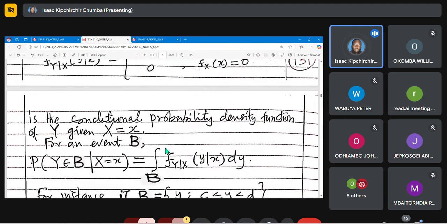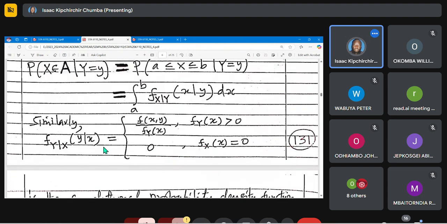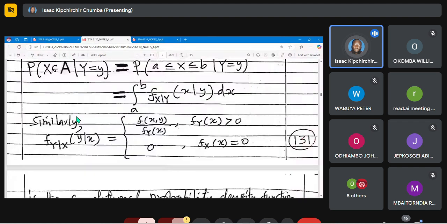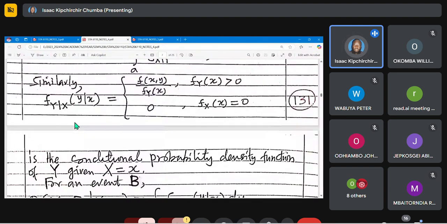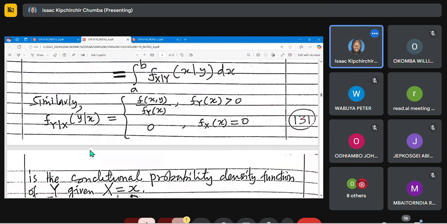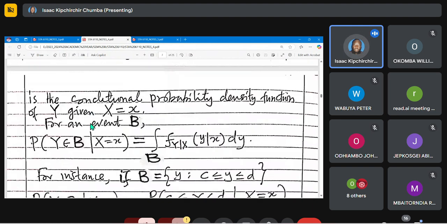You can see that we are able to distinguish the two. When we are talking of X given Y, it tells you the one which is being fixed, or which has just taken place, has to do with Y. And then you can see the reverse when you are talking of Y given X. It's actually symmetric. So this is the case when you are talking about Y, given that X equals x.